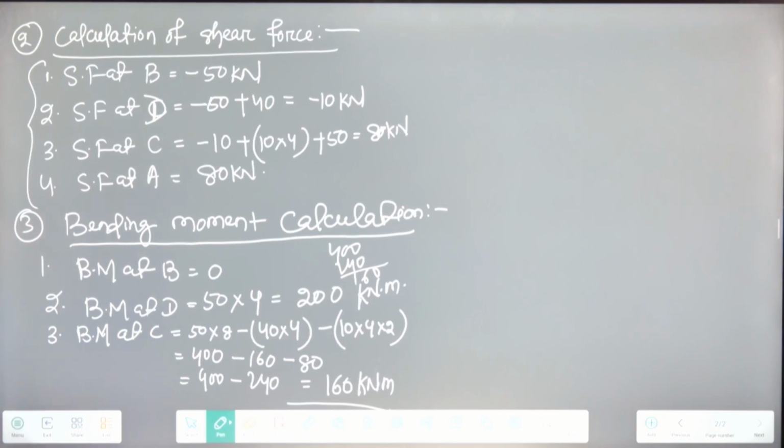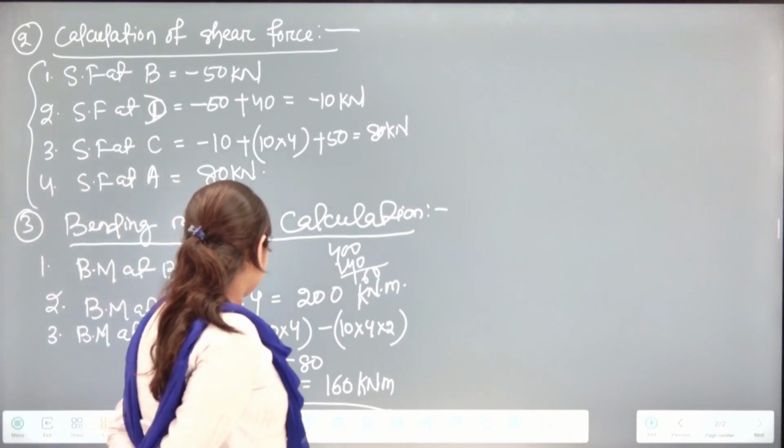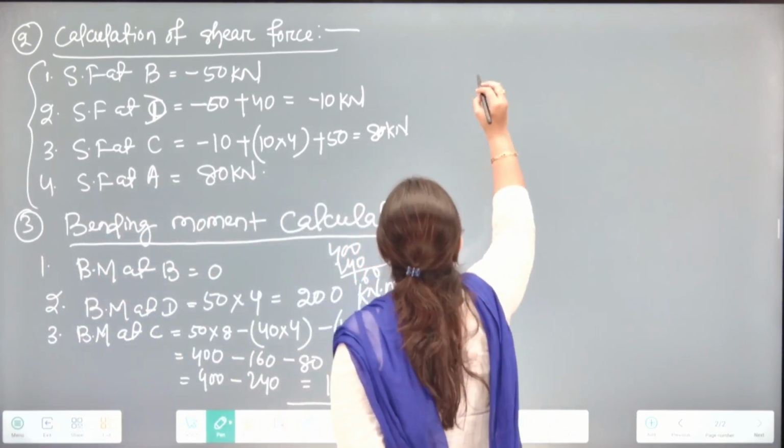Bending moment at C will be 160 kilonewton into meter.